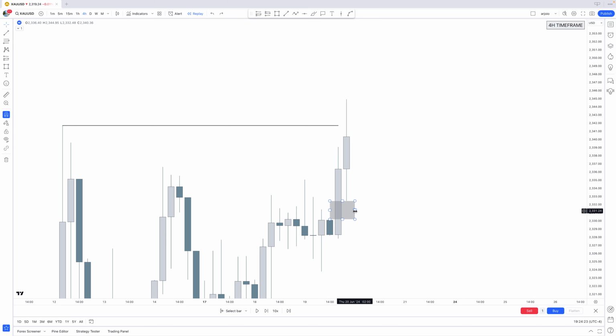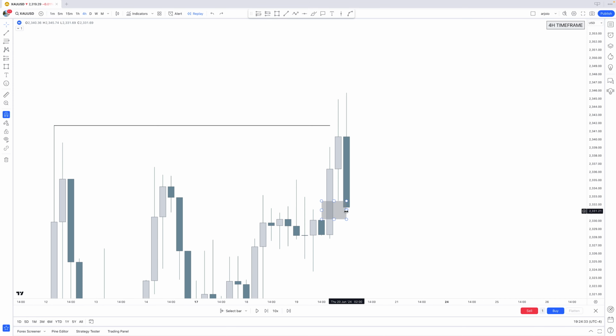We have a discount array that we might want to continue higher off of, so we want to confirm that on the lower time frame. But if we are respecting this premium array whilst coming back into the discount array that we are expecting higher prices off of, that means we automatically want more confirmation off of this discount array. So the entry confirmation needs to be more, which is what we're going to go over in step 2.